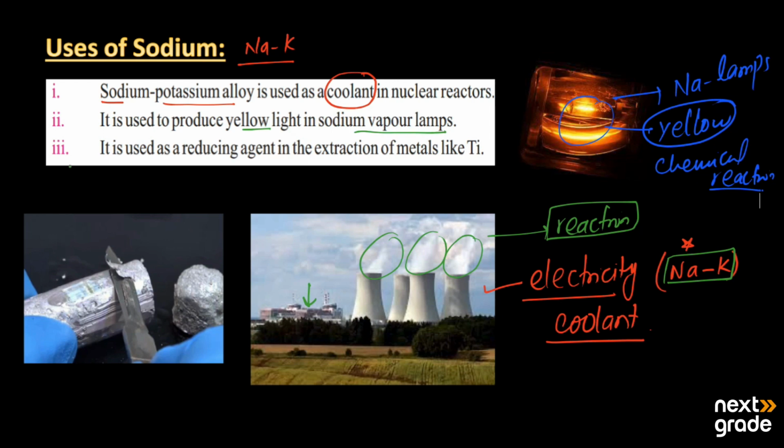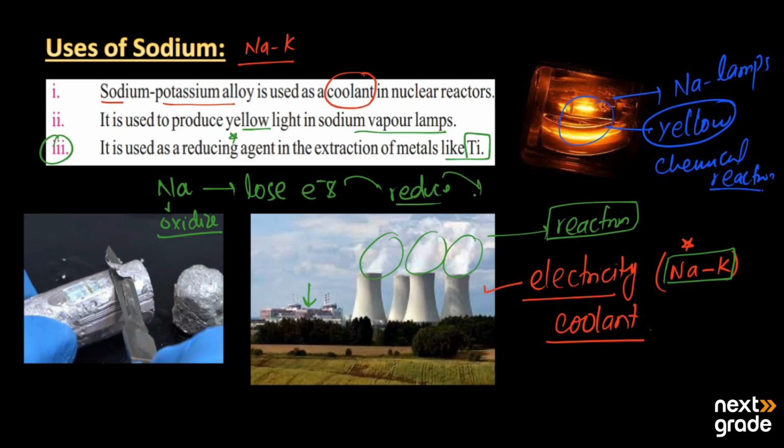The third use of sodium here is as a reducing agent in the extraction of metals like titanium. Reducing agent means sodium has the power to reduce. Why is it used as a reducing agent? Because sodium can lose electrons easily and gets oxidized itself, but it can reduce others by donating electrons.